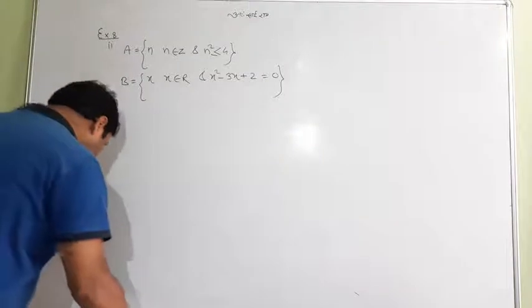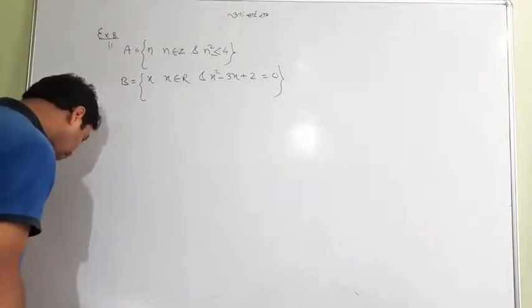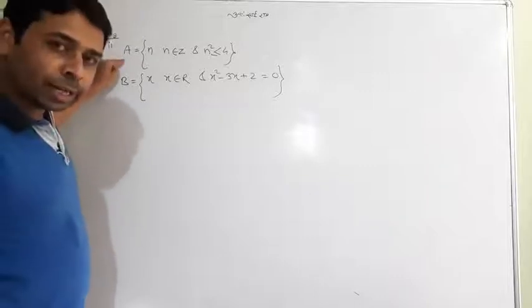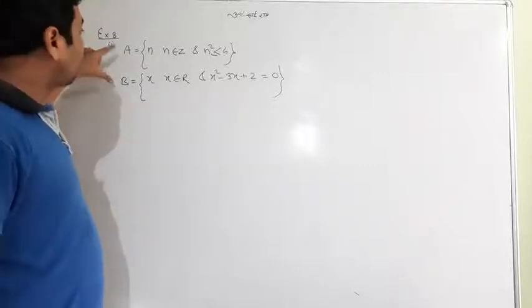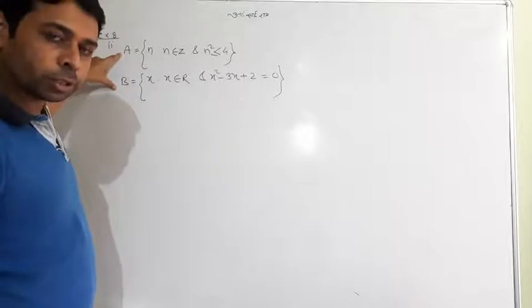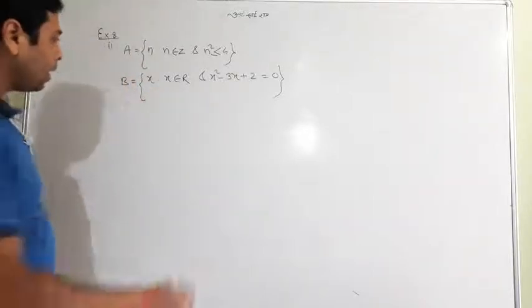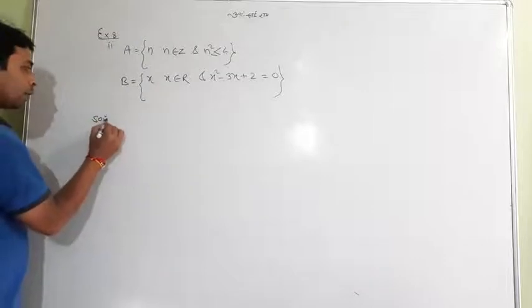We are asked which of the following pairs are equal, so we just have to tell whether A equals B, meaning whether these two sets are equal or not. This is a very easy question. I will explain how to get the answer.